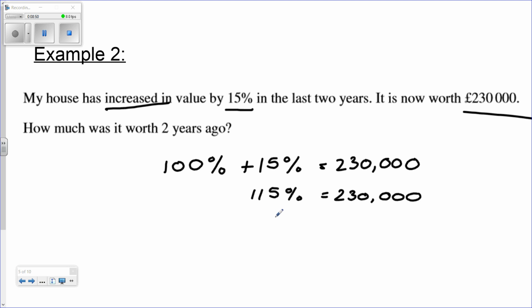Okay, so that's 115%. Remember now, we want to work out what is 1%? So to get from 115 to 1, I'm going to divide by 115. I need to keep the sides in proportion with each other, so I'm going to divide the other side by 115 as well.